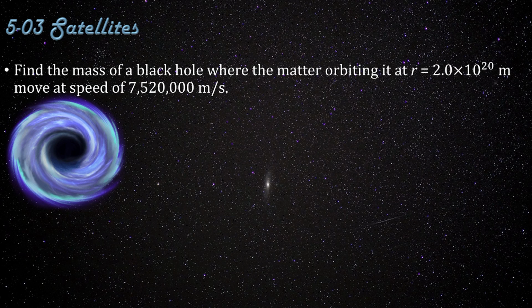Okay, so if our speed is the square root of GM over r, and we want M, let's go ahead and solve for the M. So I'll square both sides, multiply by the r, divide by the G. So that's our mass. Fill in our numbers now: the r is 2 times 10 to the 20 meters.